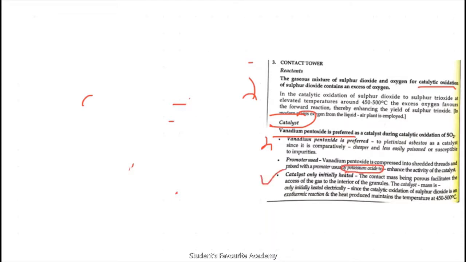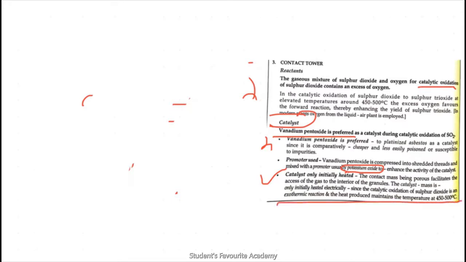And the third point is that the catalyst is only initially heated. The contact mass being porous facilitates the access of the gas to the interior of the granules. The catalyst mass is only initially heated electrically, since the catalytic oxidation of sulfur dioxide is an exothermic reaction and the heat produced maintains the temperature.